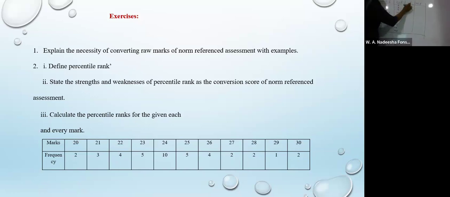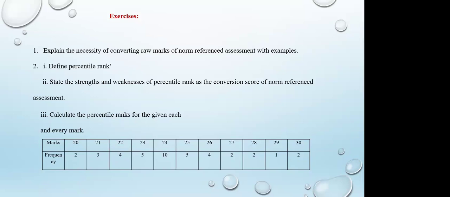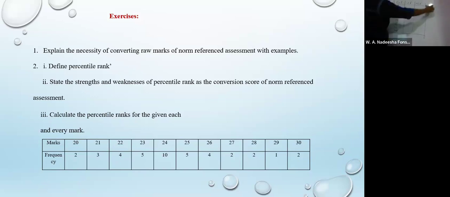So then how to find this? We have to divide the frequency by 40 and multiply it by 100. So 2 divided by 40 into 100. So that becomes 5. You can see that. 12.5.